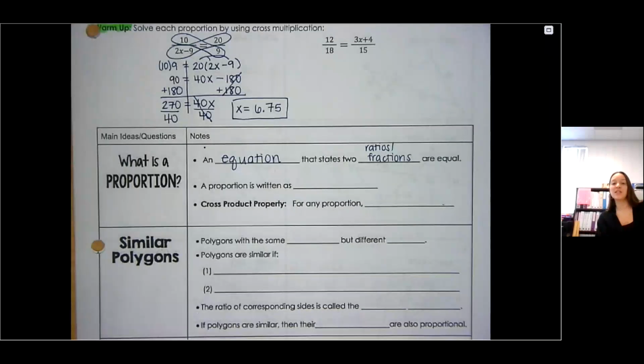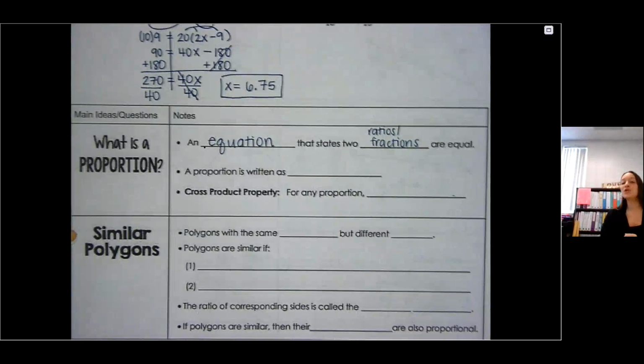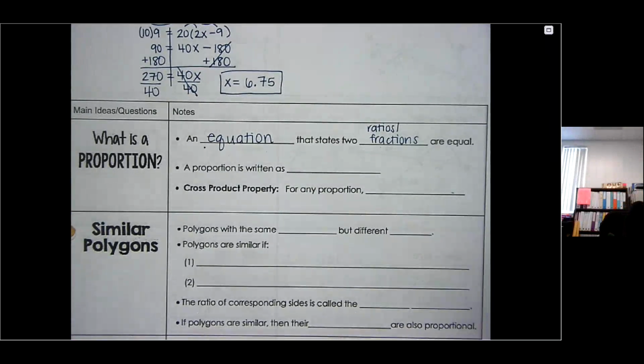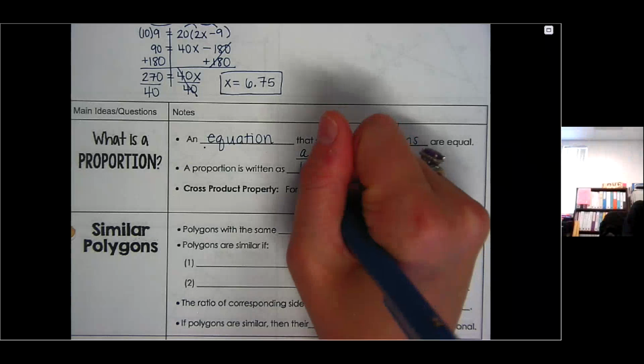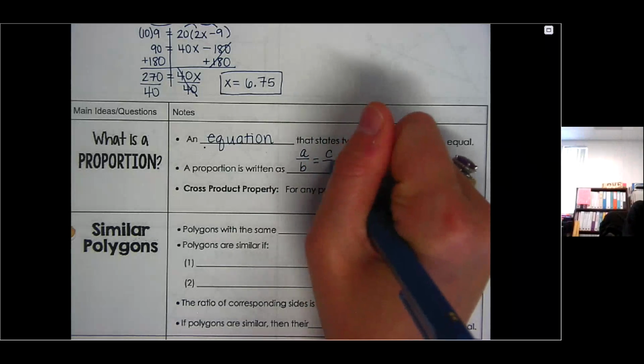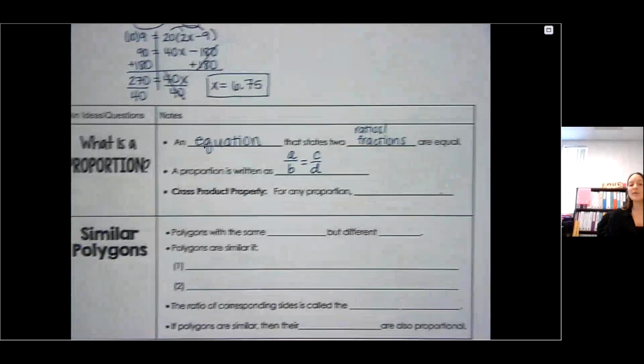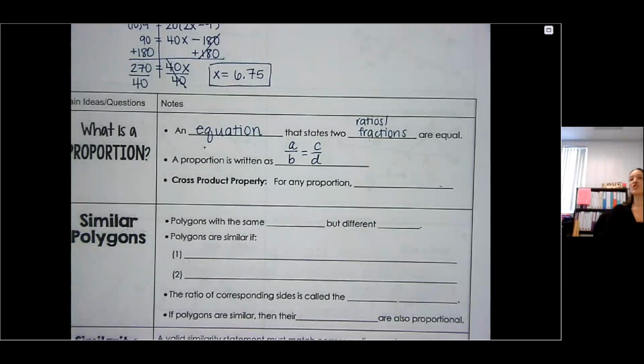Two ratios or fractions that are equal to each other. A proportion is written as A over B equals C over D, which is just a general way to write it. But a proportion essentially just means it's two fractions that you set equal to each other, just like our warm-up.